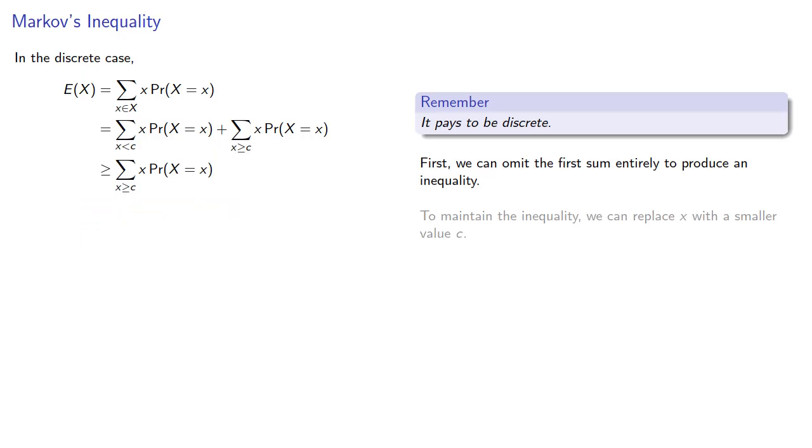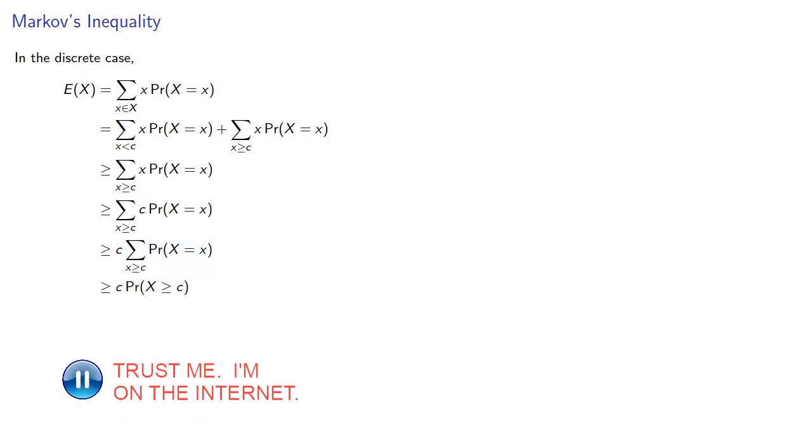To maintain the inequality, we can replace x with a smaller value. How about c? And since c is a constant, we can remove it from the summation. Now, the sum of probabilities is just the probability that x is greater than or equal to c.